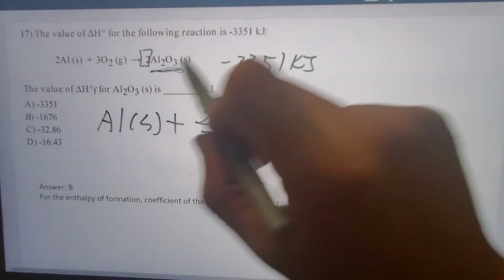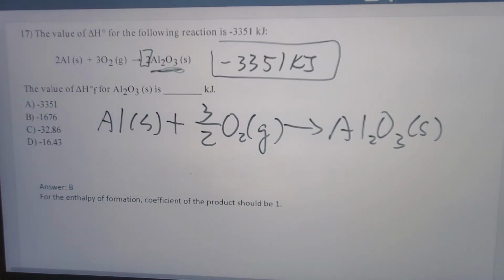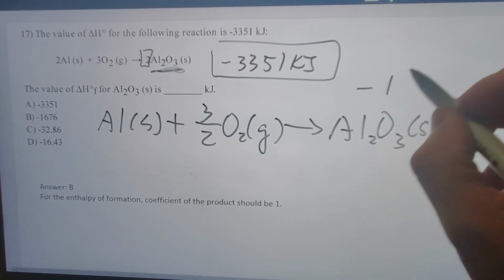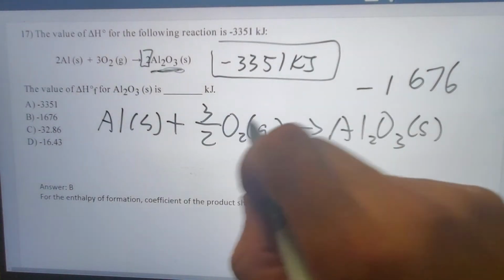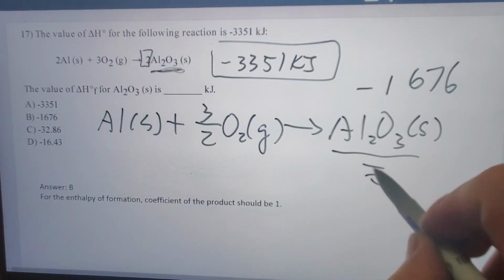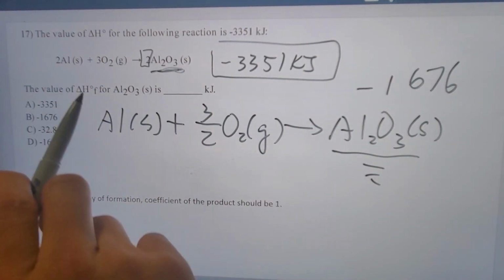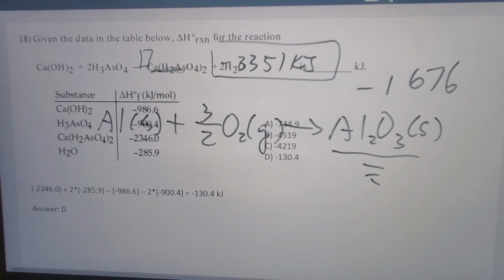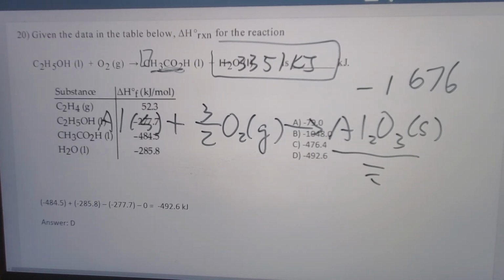If I divide everything by 2, this number I also have to divide by 2, which is -1676. All right, so this one I would call the formation enthalpy. And the left side is already in its elemental state, and it's the simplest state. All right, I think we're done.